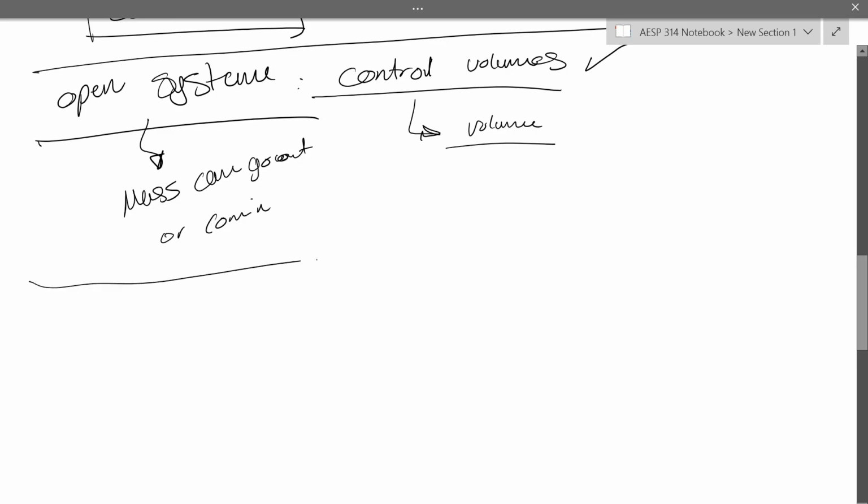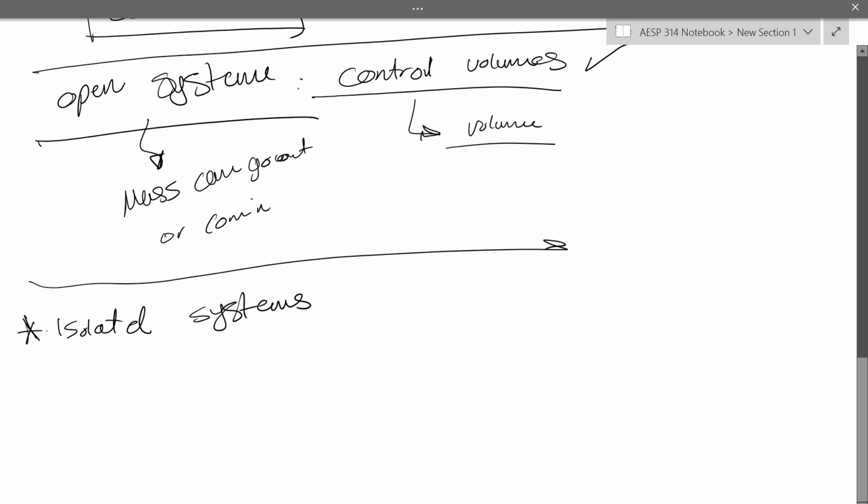Another type of system that we have is called the isolated systems. Who can give me an idea of what isolated systems are?